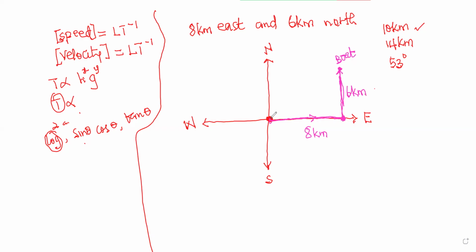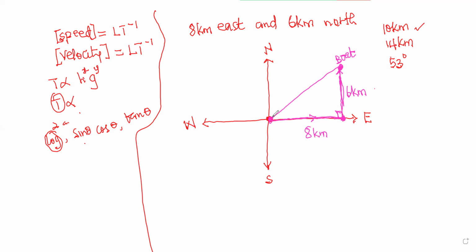Now what's the question? The straight line distance from the starting point. So this is the current location of the boat. This is its starting point. So calculate that straight line distance from the starting point. This is it. So that becomes the resultant of the displacement of the boat. Now, west-east is perpendicular to south-north, and so it forms a right angle triangle.